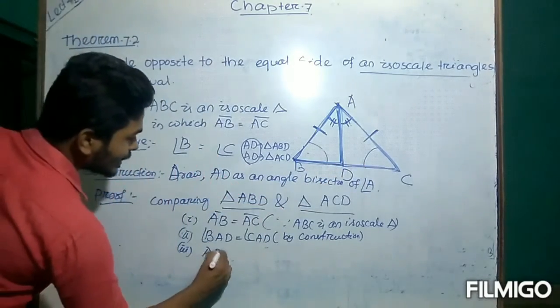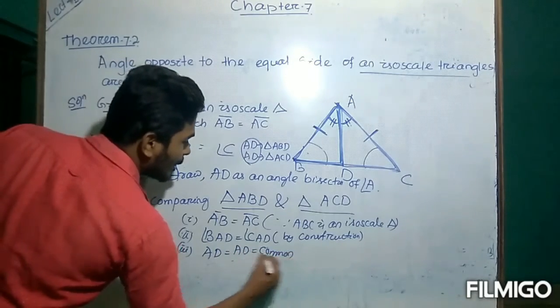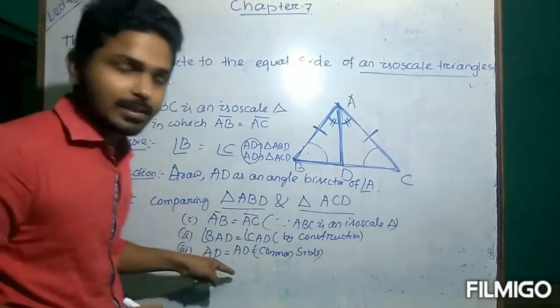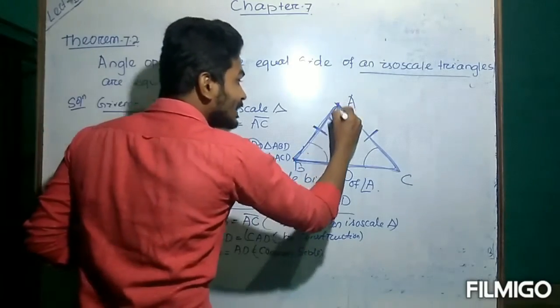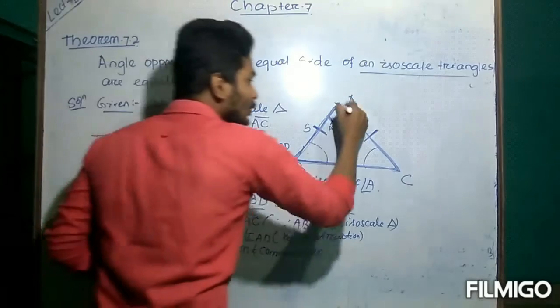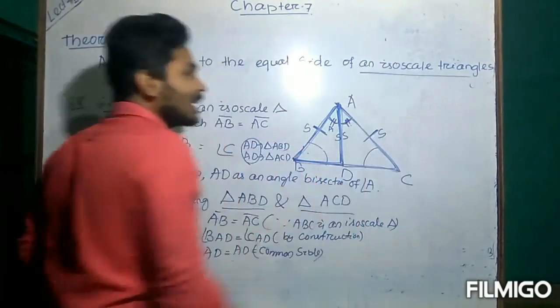So AD is equal to AD, common side. Okay, we have found out three conditions here. What are the conditions? This side and this side and included angle. Similarly, for this triangle, this side and included angle.